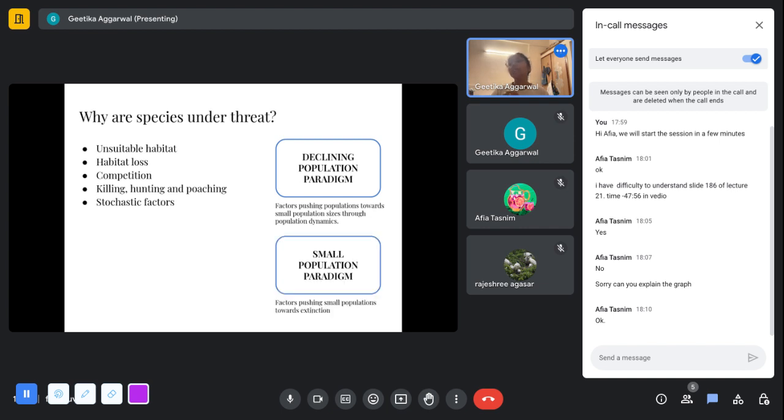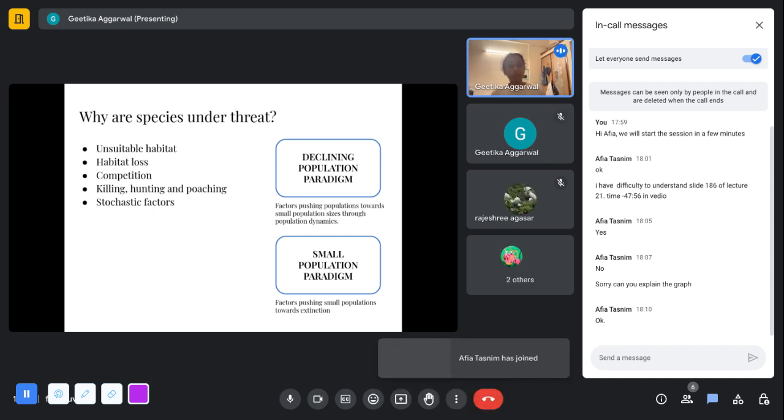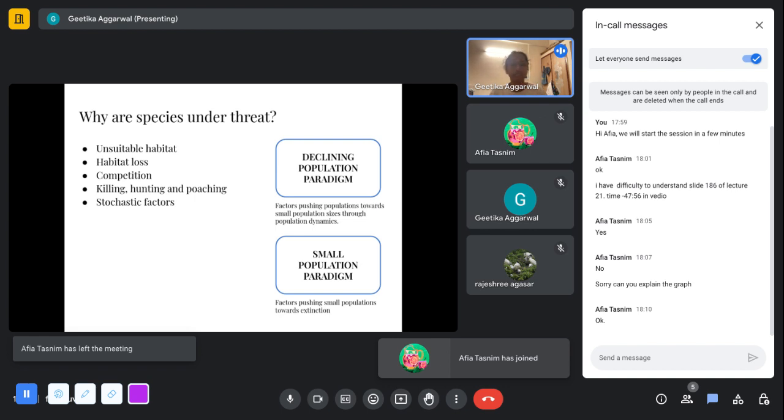Or it can be the small population paradigm, which are factors that push these small populations toward extinction. Okay, so there is the declining population paradigm, which means that you're pushing the population towards smaller sizes, and there is the small population paradigm, which is pushing these small populations towards extinction.